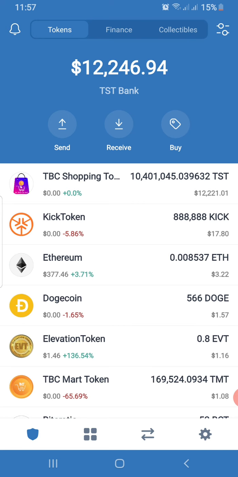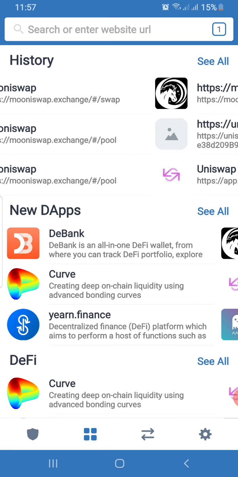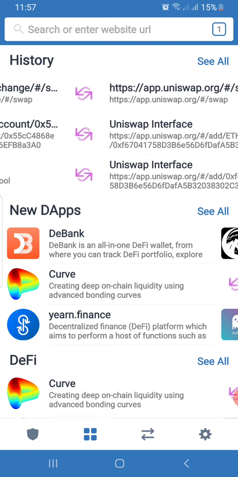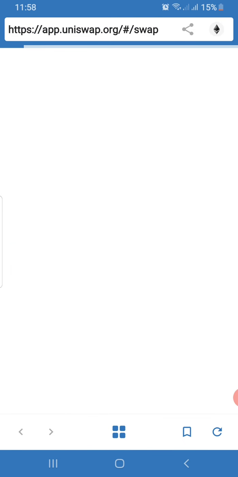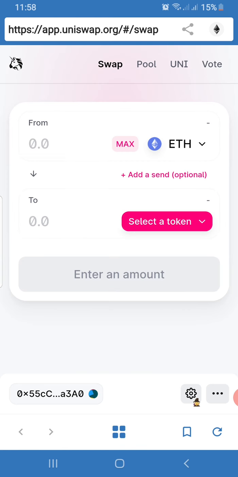Okay, so you click on the browser icon of your Trust wallet. You go to the Uniswap link, which is app.uniswap.org.